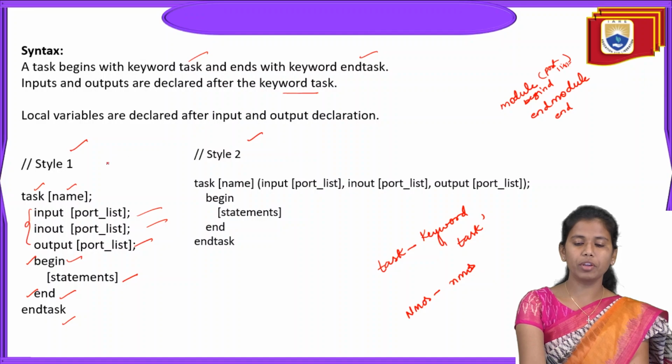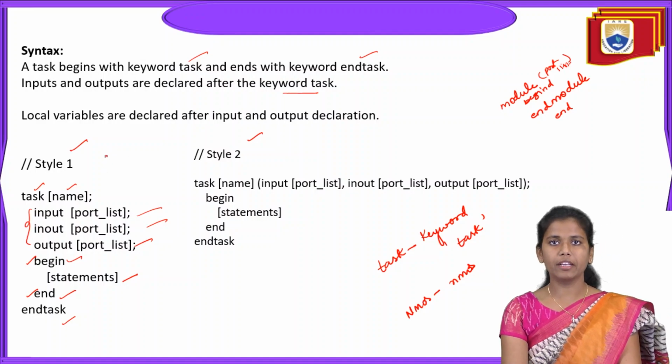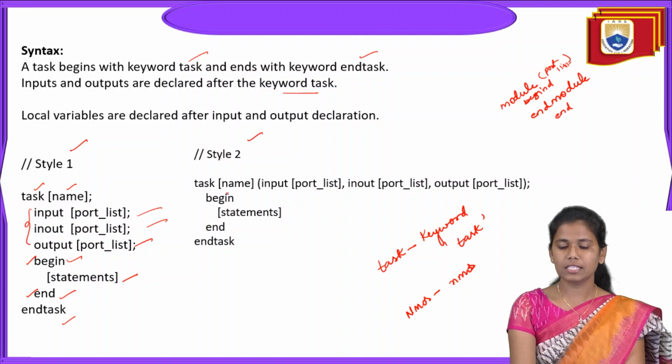This is one way of writing the task. The other way is: task, name, and the port list.